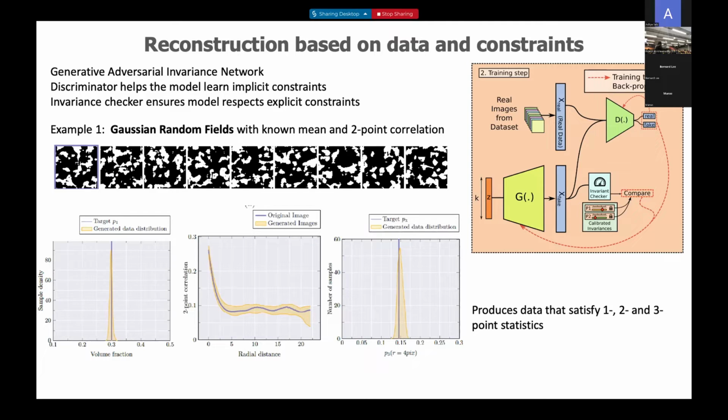These results suggest that it is easy for us to enforce these statistical constraints as an invariance checker, where we have a generator that creates a candidate microstructure. I make sure that my microstructure satisfies a 1-point, 2-point, and 3-point statistics, and then it matches visually. It looks similar to my data set of available data.